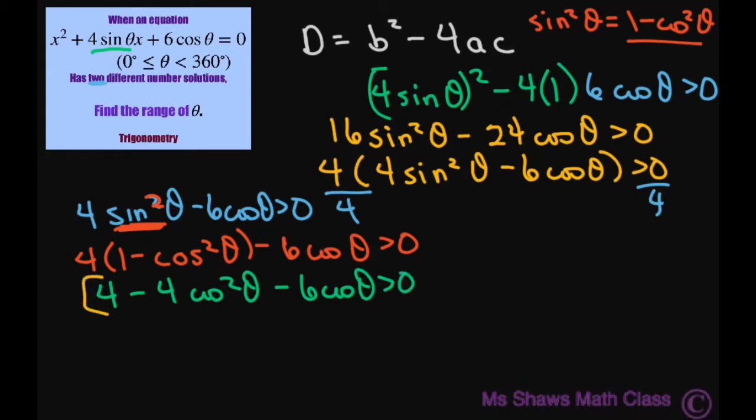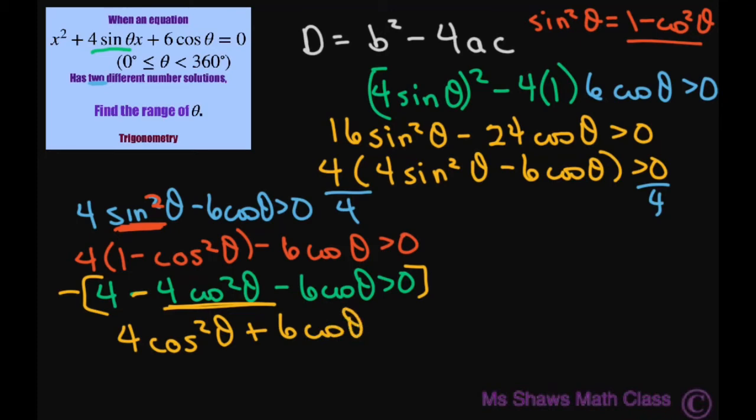Rearranging and negating everything, I want to negate everything because I want my lead coefficient to be positive. We're going to get 4 cosine squared of theta plus 6 cosine of theta minus 4 has to be less than 0. When I negated everything, I have to flip this sign. You have to be careful with that.